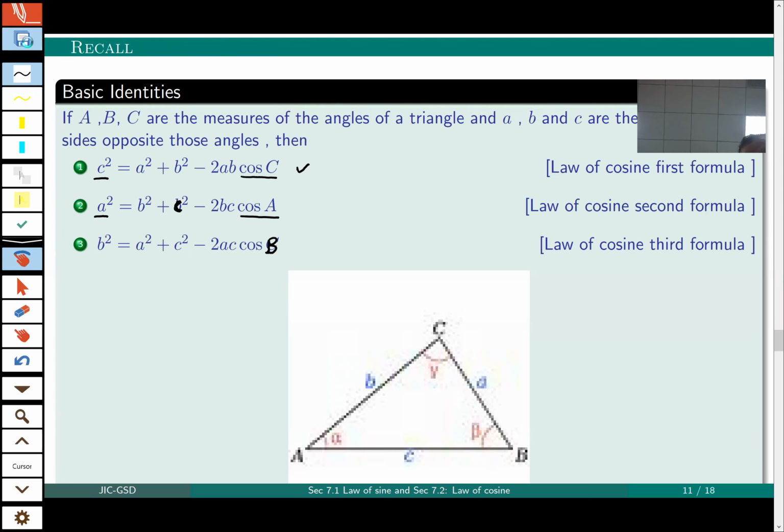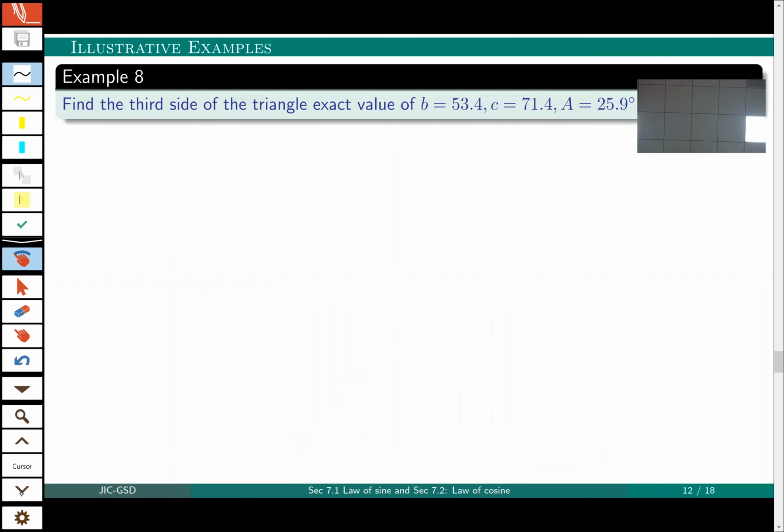Now, in practice, that's too easy, actually. If I have the triangle and it says find the third side, here it says find the third side. He gave me an angle which is 25.9 degrees. He called it A. And he gave me, this is B, so opposite of B is 53.4.